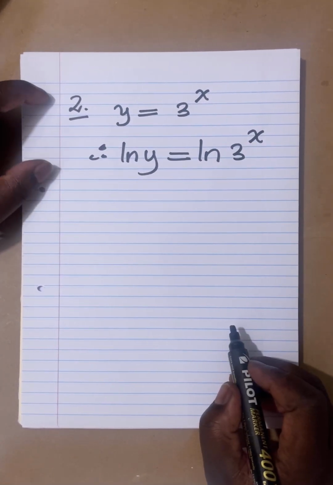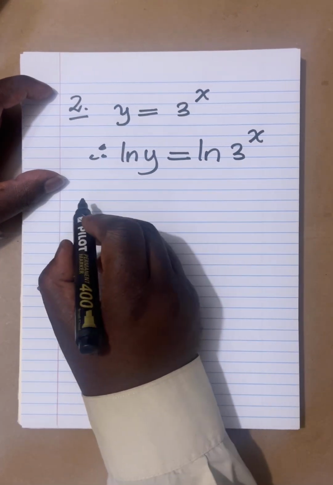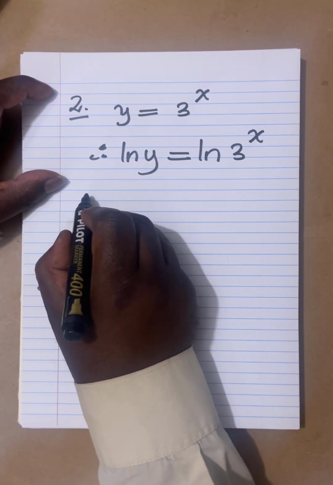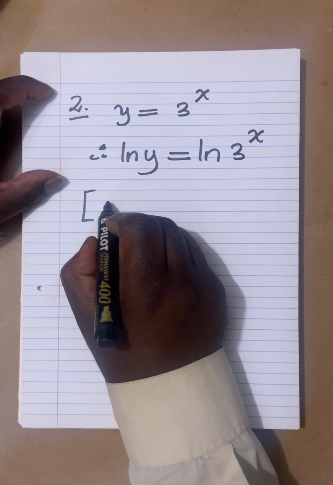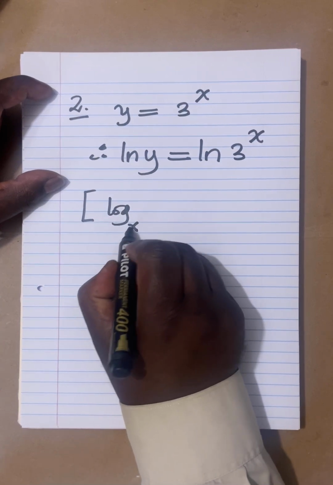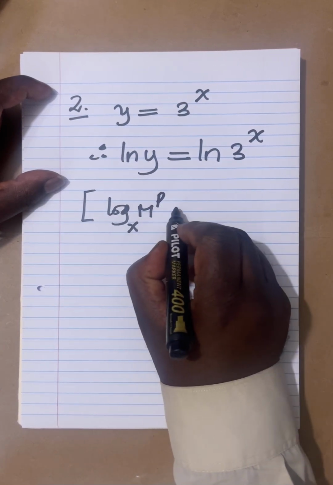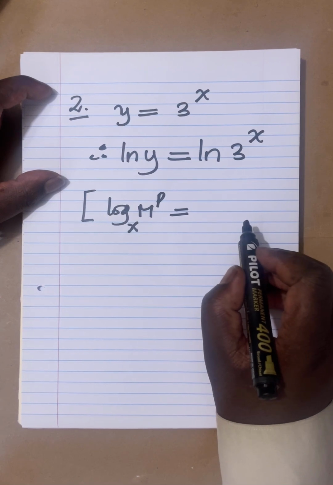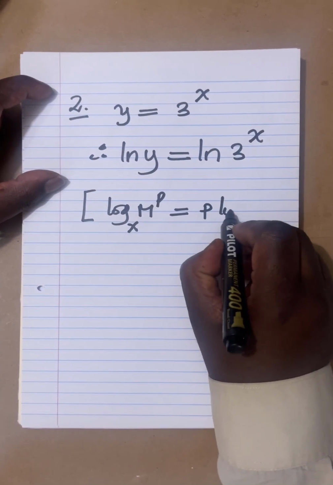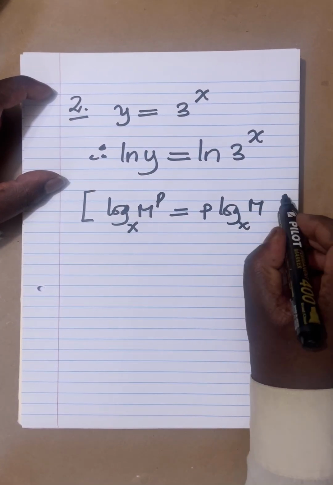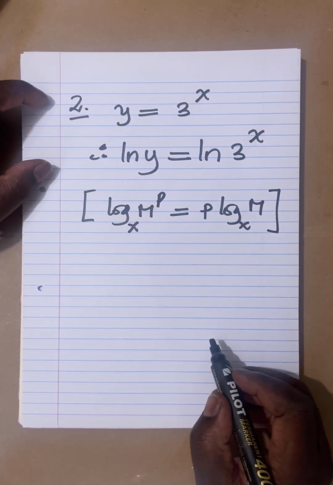Applying the laws of logs, I'm just going to insert in here. We have the rule that says log base x of m to the power p is actually equal to p times log base x of m. This law applies to natural logs as well.